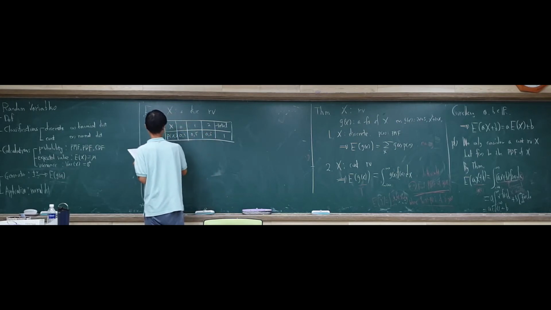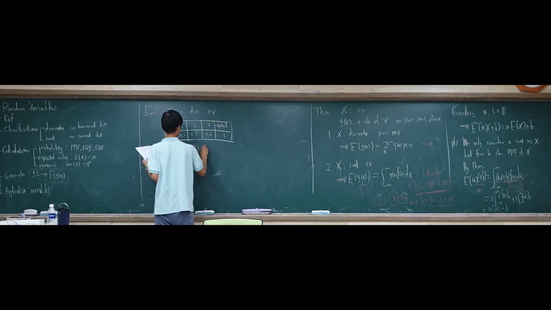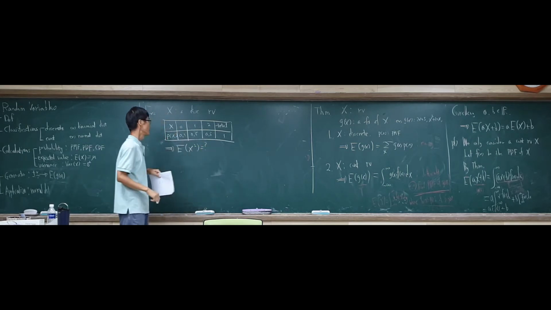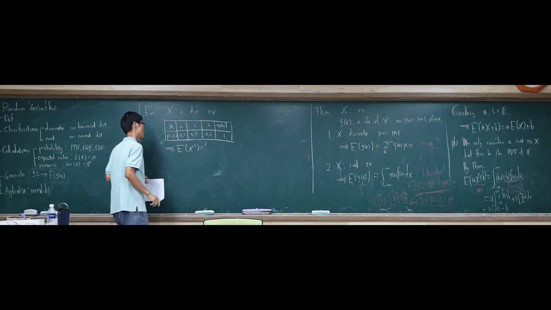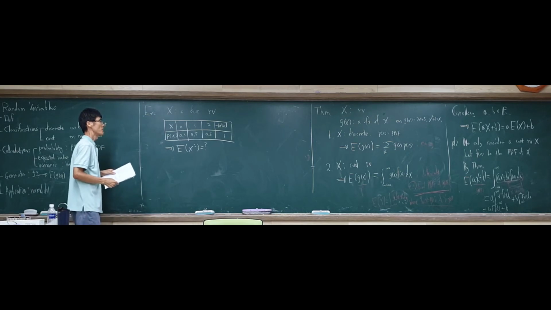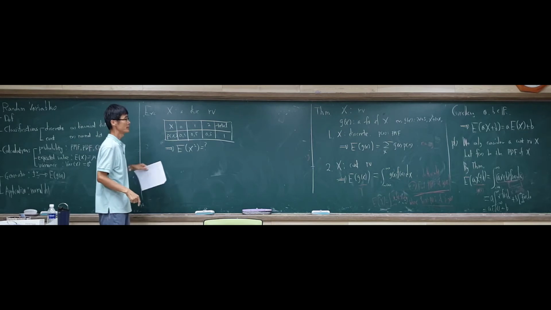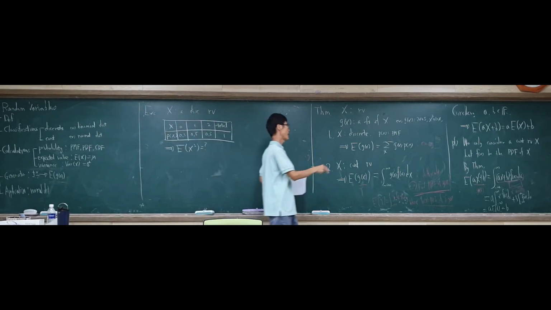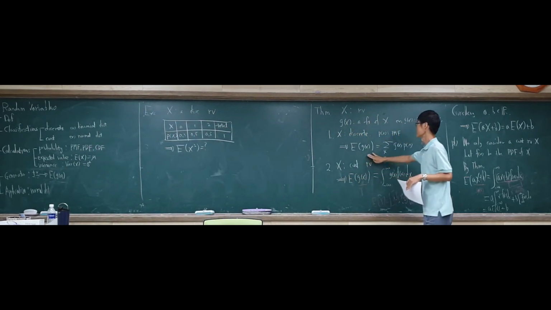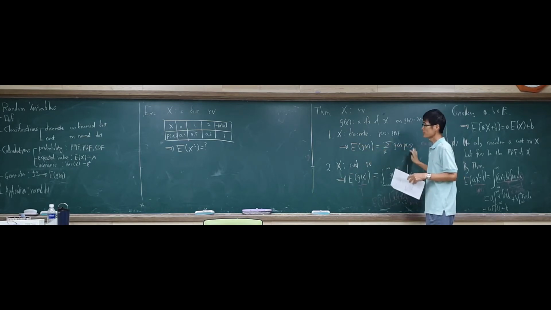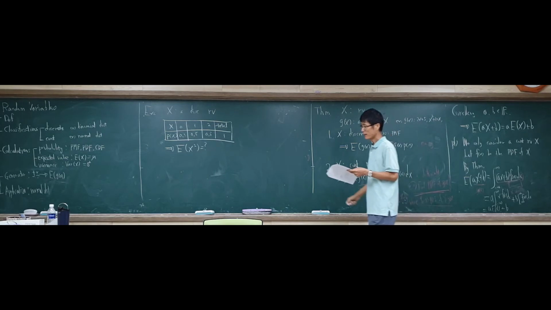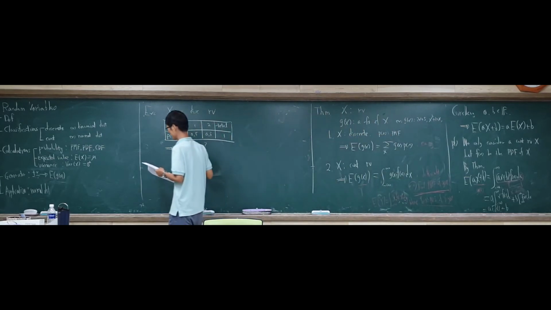Then we want to find the expected value of X squared. If you want to calculate this by using the definition, it may be a little complicated, so we do not use the definition, but instead apply this result. If g(x) is x squared, by using this formula, you can get the solution for this problem.